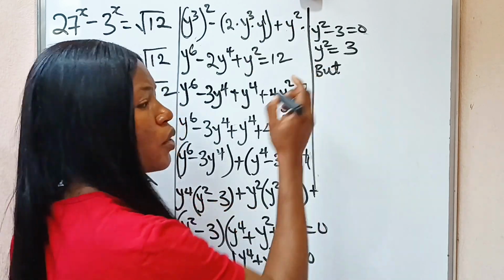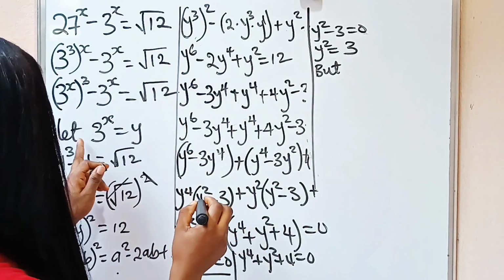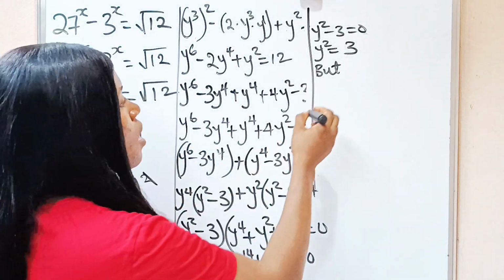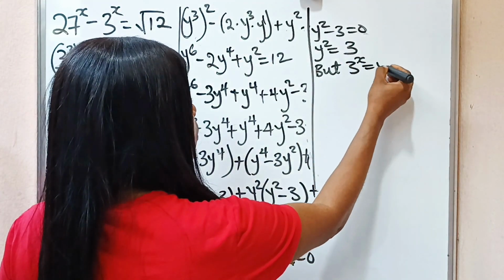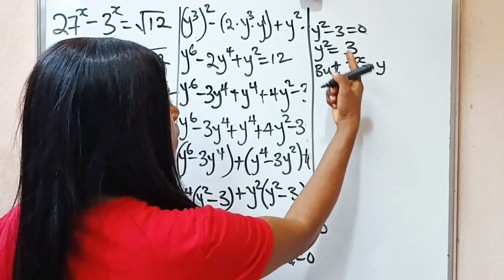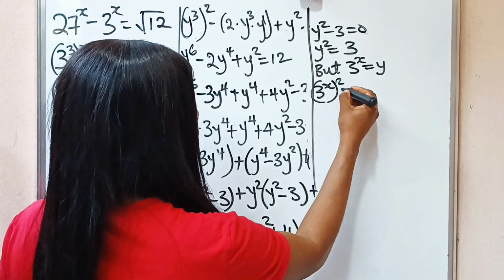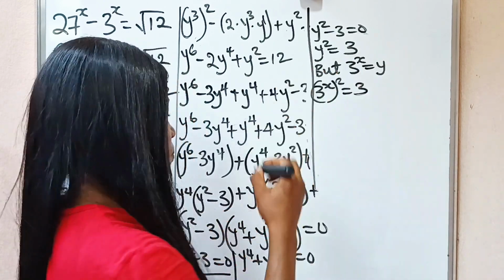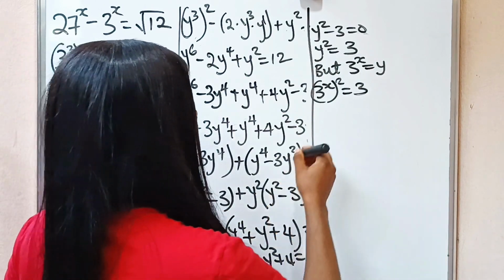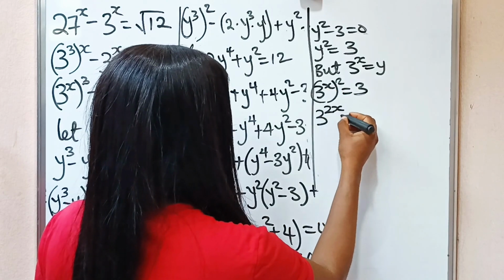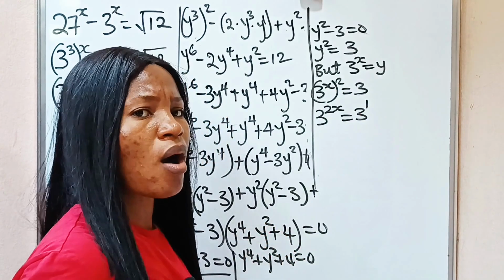But I want you to recall where we said 3 to the power of x is equal to y. So we have y squared here. That means this is the same thing as 3 to the power of x, squared, is equal to 3. Now we are going to have 3 to the power of 2x is equal to 3 to the power of 1.